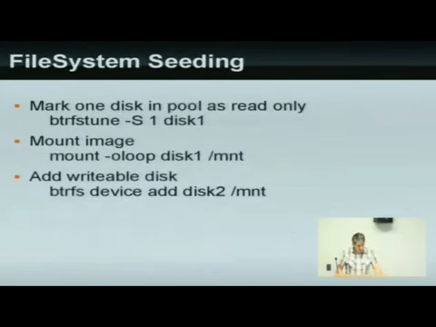They've also got some other neat little things that they can do. You can actually mark one of the disks as being read-only. So I found this as a little blog by someone who's basically using the BTRFS tune to say disk 1 is read-only, mount that, and then add another device to it that is read-write.